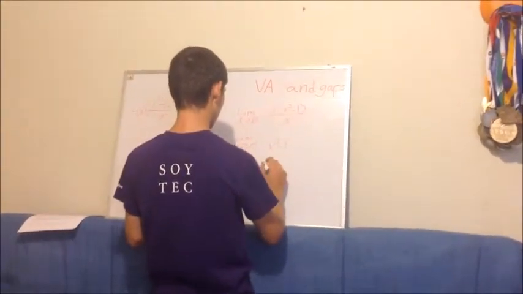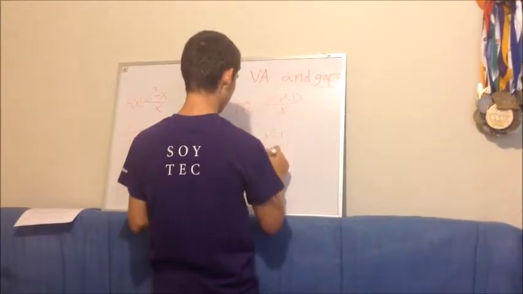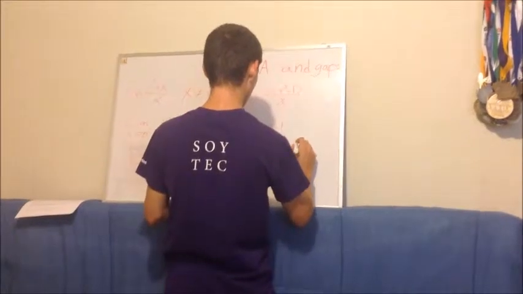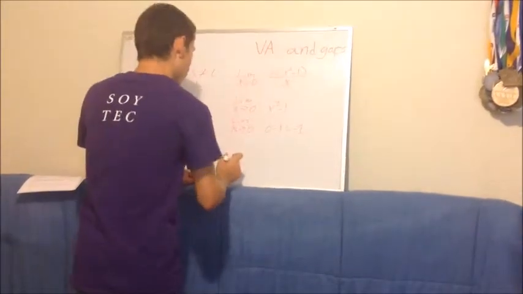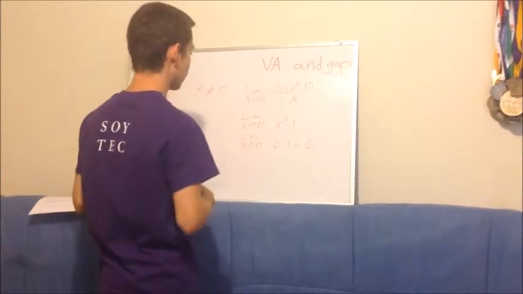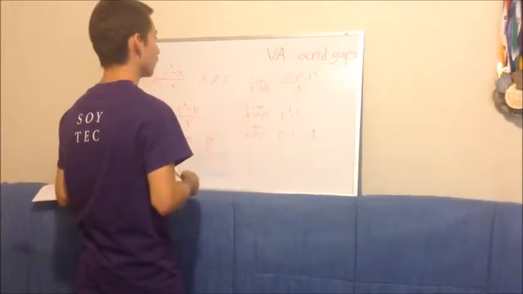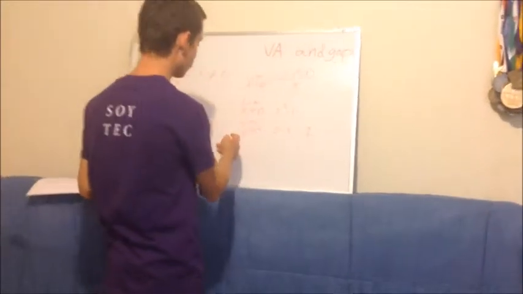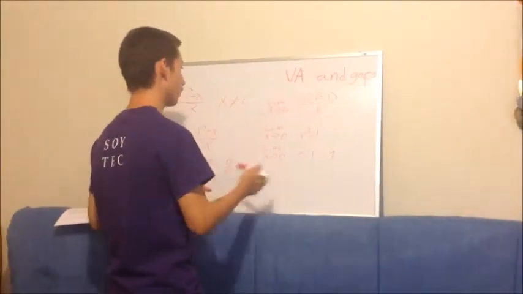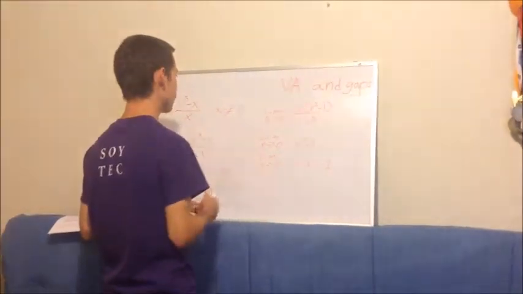Substitute, and the answer is minus 1. This is the value of g, and it is a gap: when x is approaching 0, the value of g is approaching minus 1, but doesn't touch because it's a gap.